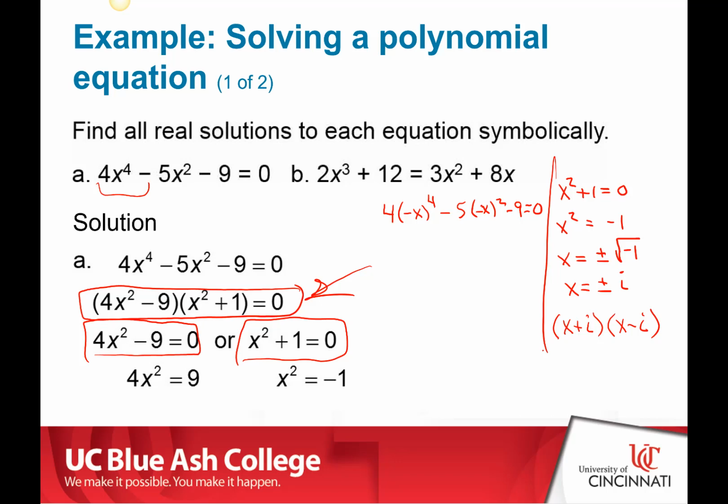So if we do it to the negative x, we're going to get this back. And we already know how many sign changes there are there. How many are there? 1. So we're only going to get 1 sign change, which means there will be 1 negative real root.